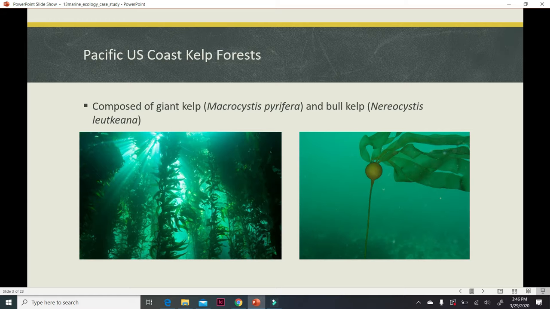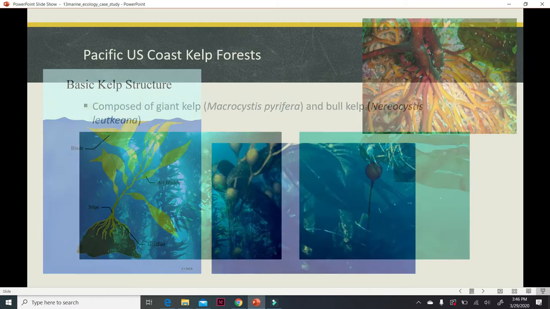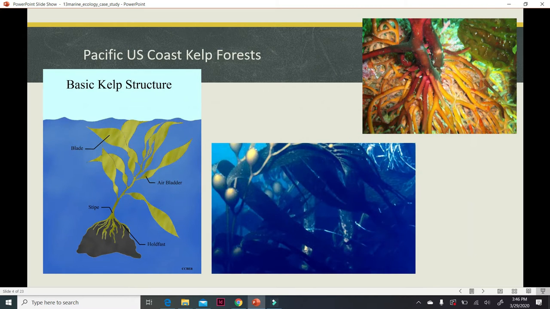And let's talk about what makes up a kelp. So the first thing you should know is that they are held down by something called a holdfast. And we have sort of what they look like on the whole organism here, and then up here on the right hand side, this is a picture of a holdfast. You can see it kind of looks like roots, except that when kelp attach themselves to the bottom, these holdfasts don't go down into the bottom.